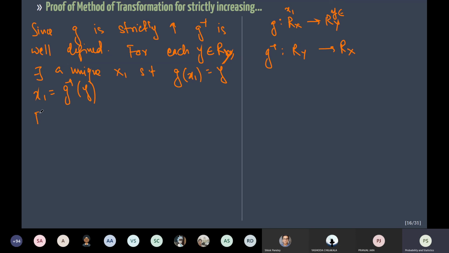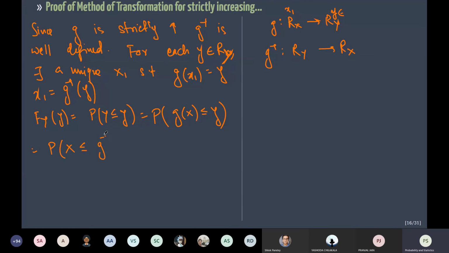So F_Y(y) is the probability that Y is less than or equal to y, which is the probability that g of X is less than or equal to y, which is equal to the probability that X is less than or equal to g inverse y. Okay, so the inequality does not change, right?